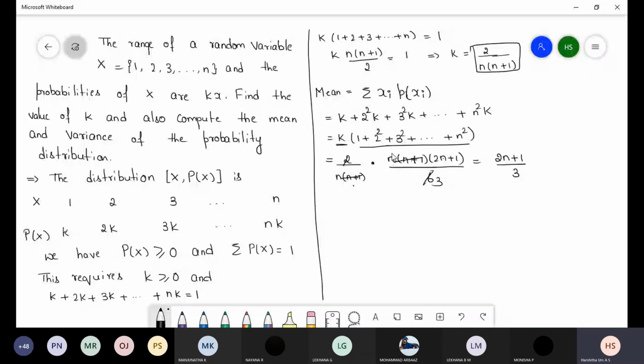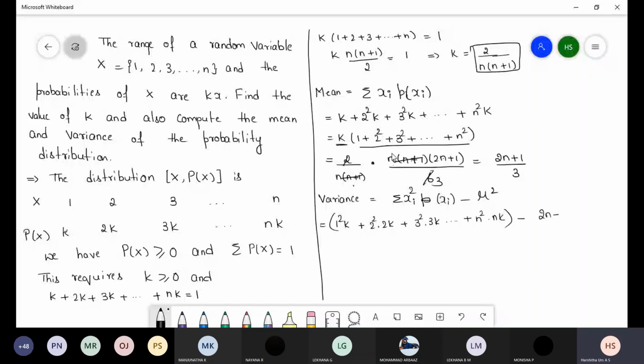Here also x square means 1 square into k plus 2 square into 2k, 3 square into 3k up to n square into nk. So here we have the mu value 2n plus 1 divided by 3 whole square.